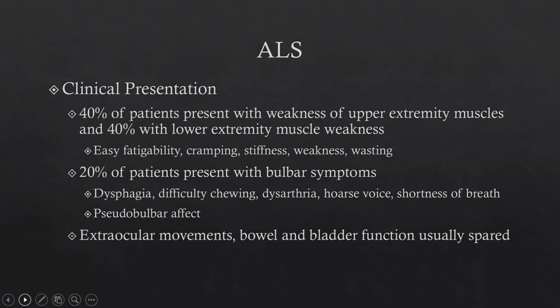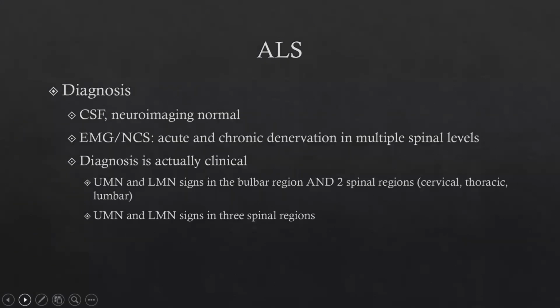Then there's progressive muscular atrophy, which tends to present with lower motor neuron features. And then there's progressive bulbar palsy, which tends to present with bulbar symptoms. So you have to think of those different entities in terms of presentation of this motor neuron disease or amyotrophic lateral sclerosis.